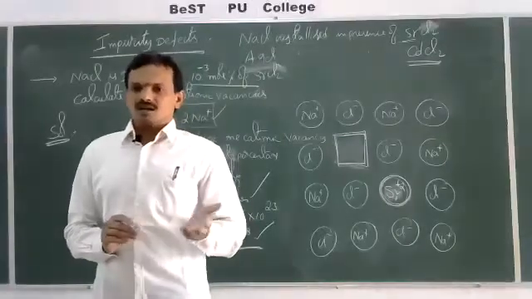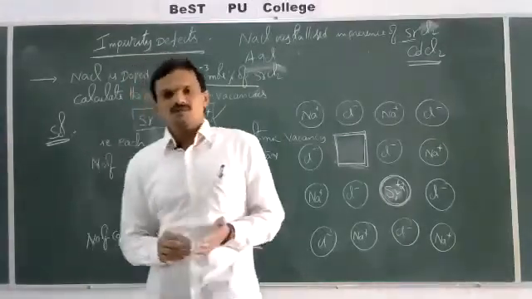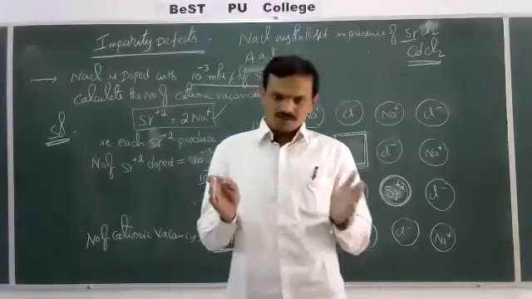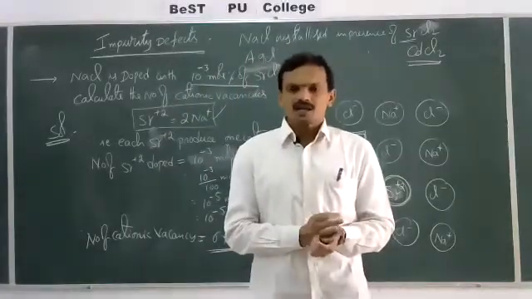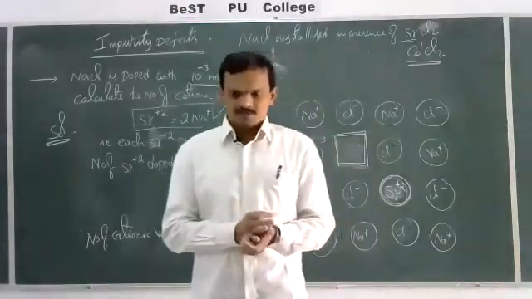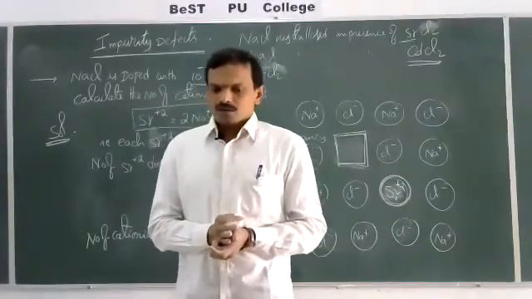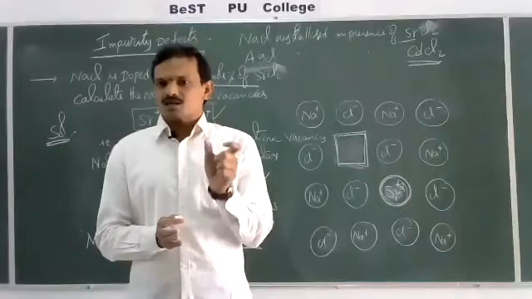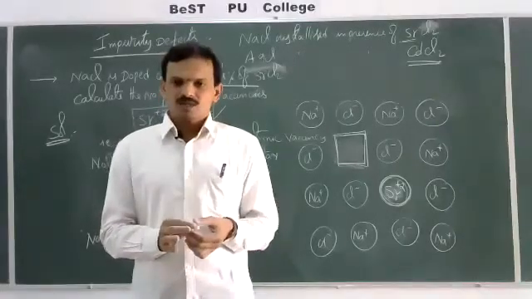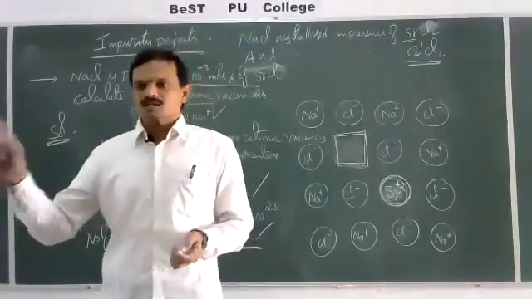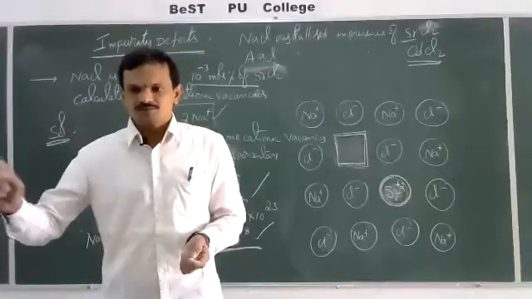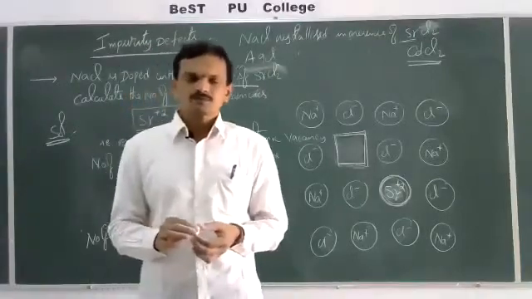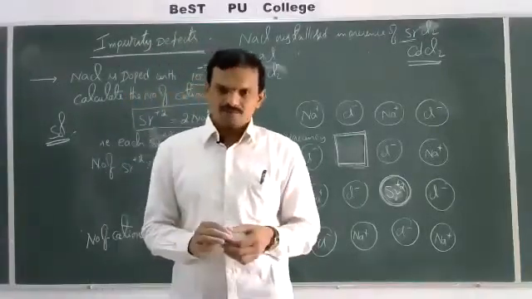In case of ionic compounds, these defects are further classified into two types: Schottky defects and Frenkel defects. See, if an equal number of cations and anions are missing from the lattice, they are called Schottky defects. If a particle is missing from the lattice site and occupies an interstitial site, then it is called a Frenkel defect.